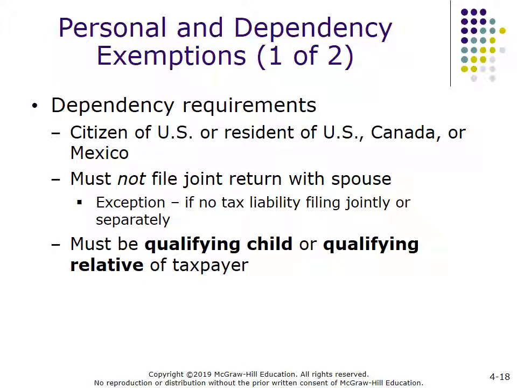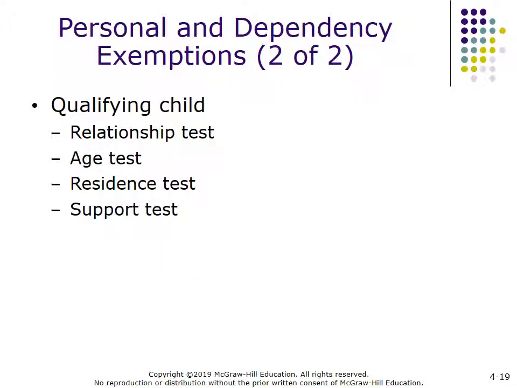So although this isn't a common situation, it is present, and we want to make sure that it's being passed correctly. Now, what makes a potential dependent a qualifying child? They meet 4 more tests. They meet a relationship test to the taxpayer, an age test, a residence test, and a support test.